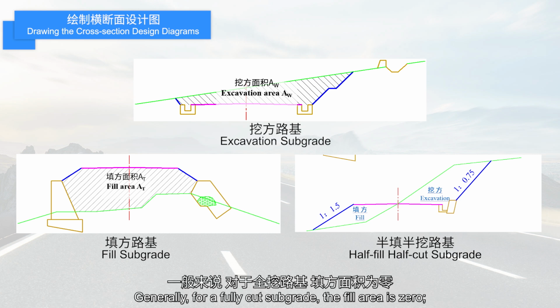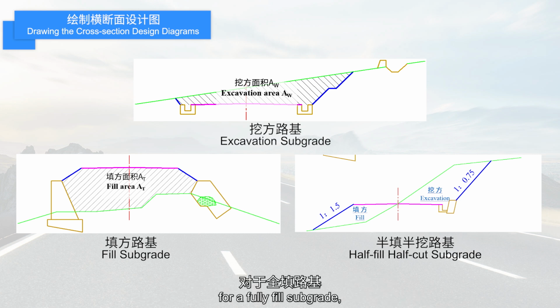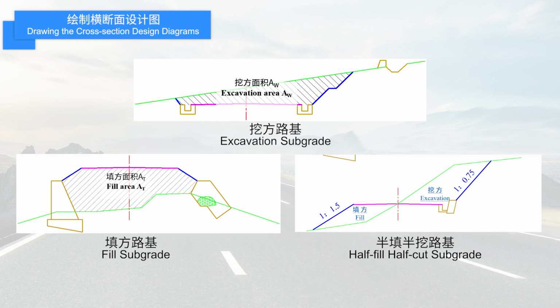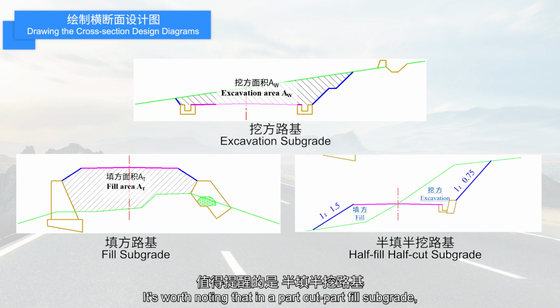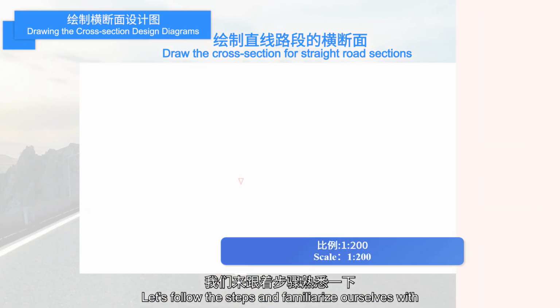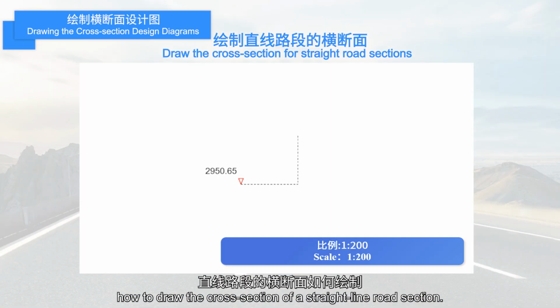Generally, for a fully cut subgrade, the fill area is 0. For a fully filled subgrade, if excavation for drainage facilities is not considered, the cut area is 0. It's worth noting that in a part cut part fill subgrade, there is both a cut area and a fill area.